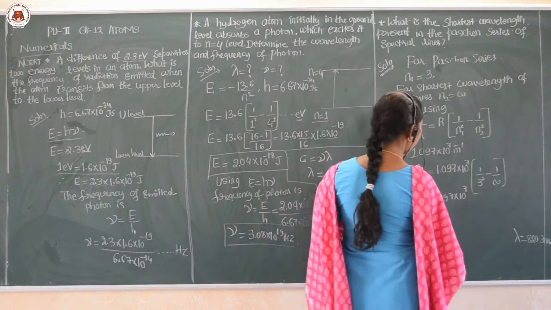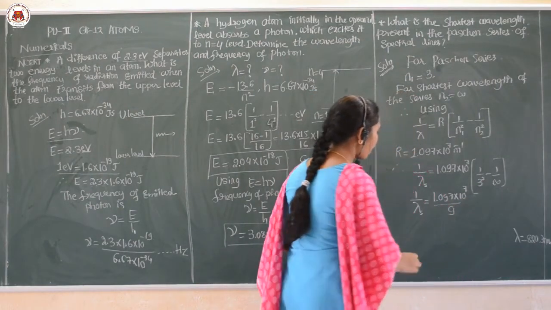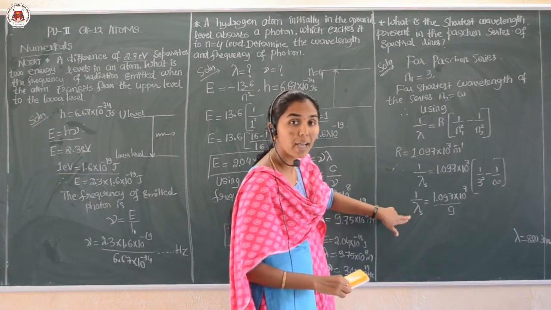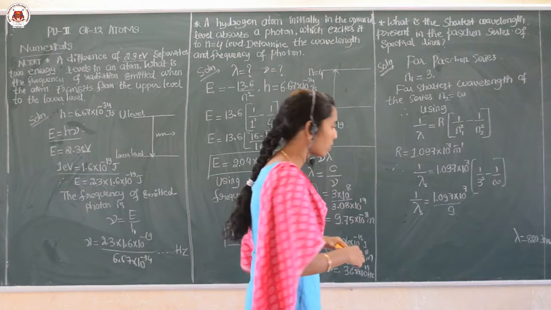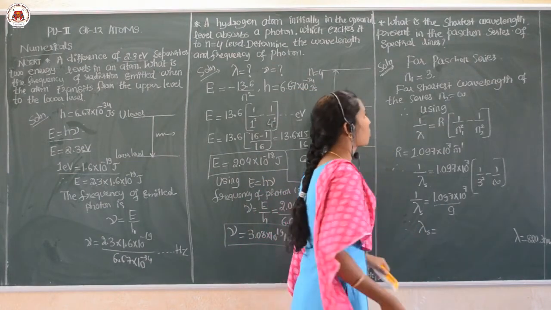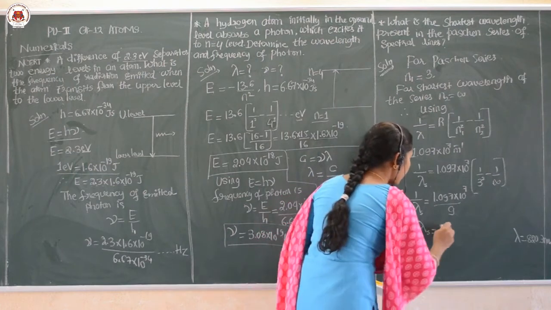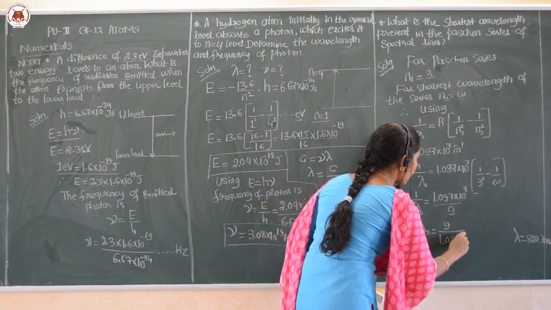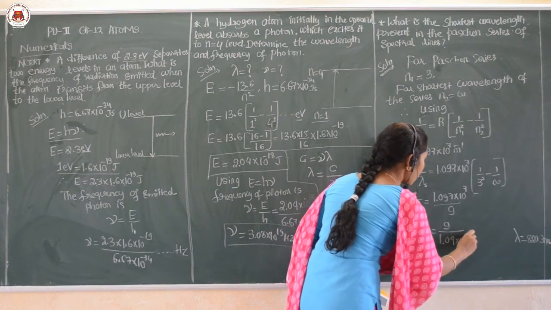Then 3 square comes 9 here. And see, it is the reciprocal of the wavelength, but I need the wavelength in the correct form. Therefore, the shortest wavelength of the Paschen series will be lambda is equal to 9 divided by 1.097 into 10 raised to 7 here.